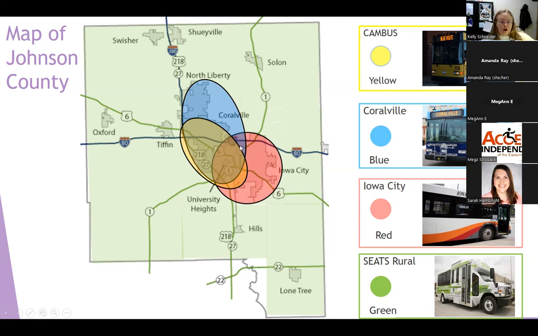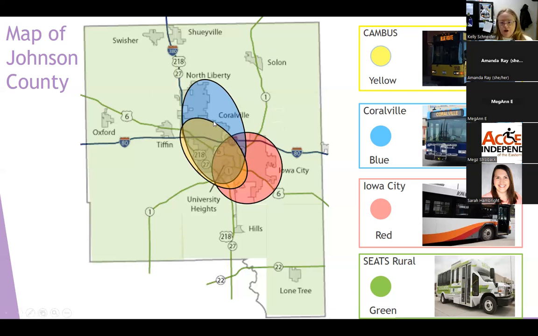And it's not uncommon if somebody's riding from one part of a town to the other, that they may be using one to two of these systems interchangeably. And what's really great is these systems work together to make that travel seamless. So if you're transferring from Coralville to Iowa City, CAN bus to Coralville, you can do that seamlessly. And we'll talk a little bit more about what those transfers look like and how to do that.